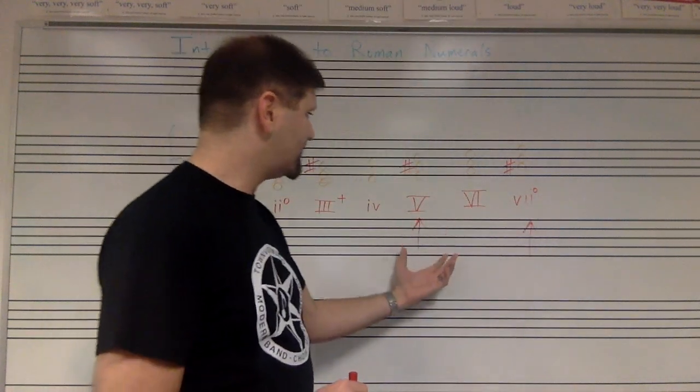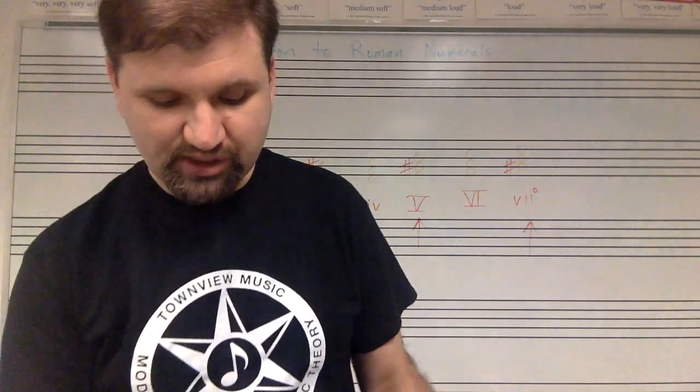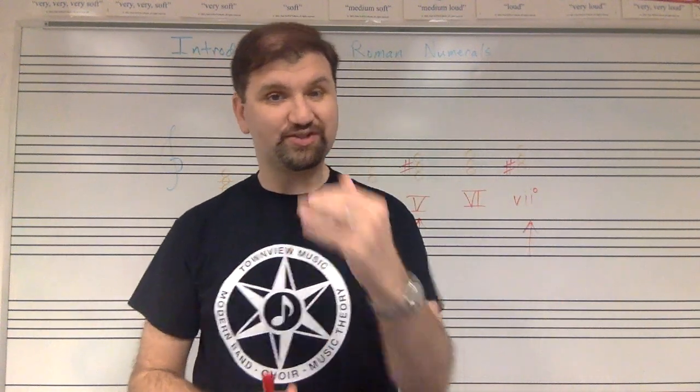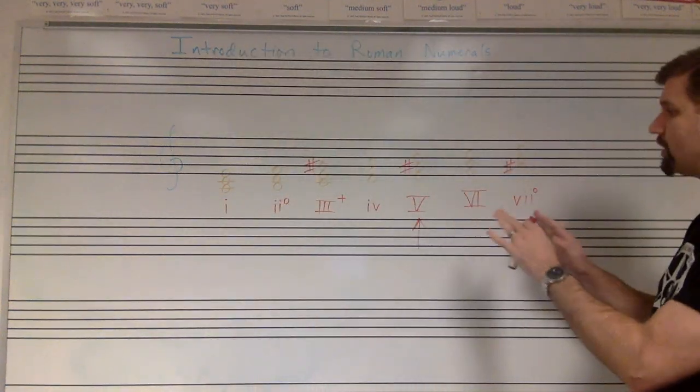Composers love the major 5 chord and what that chord does to progressions. It moves the progression forward, it gives drive and intensity toward a cadence, toward the end of a phrase. So that's our harmonic minor.